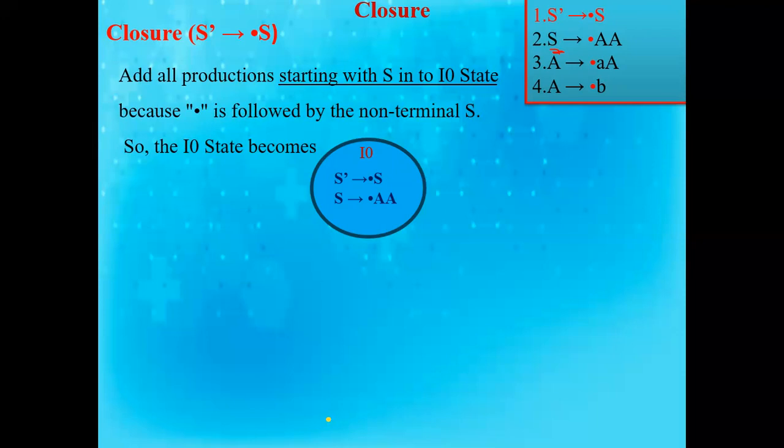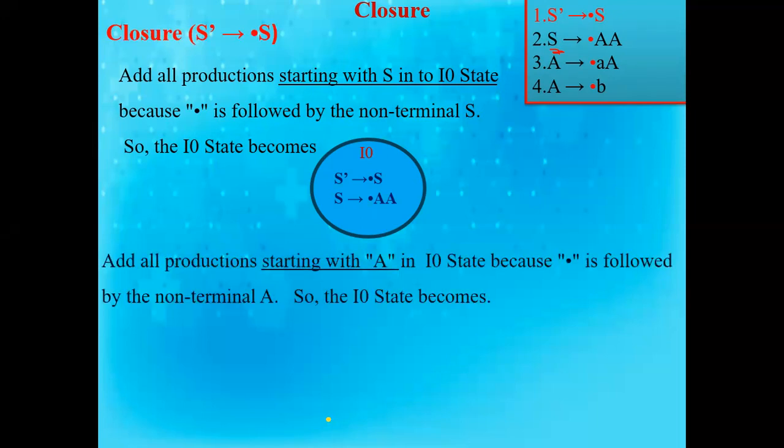When we look at this production also, this dot operator is again followed by a non-terminal capital A, right? So here we have to add the productions that start with this non-terminal A. There are two productions, A gives this and A gives this. So we need to add productions number 3 as well as 4 to I0.